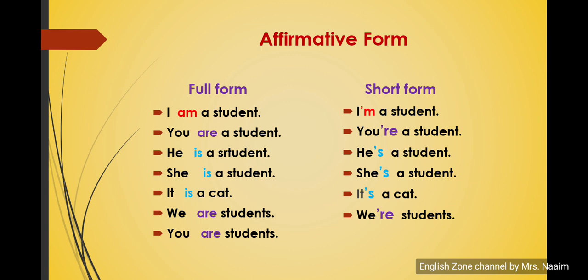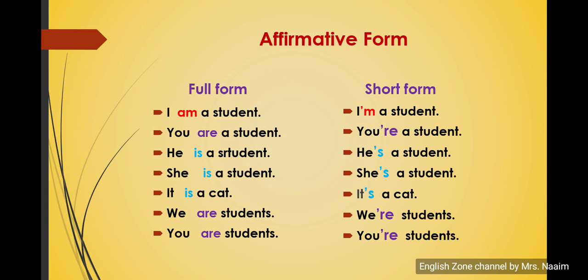You are students. أنتم أو أنتن. Okay, أنتم تلاميذ أو أنتن تلميذات. Okay, so this is concerning the full form. Now let's take a look at the short form. So the short form says you're students. هنا نفس الشيء حذفنا A ووضعنا عوضها apostrophe.